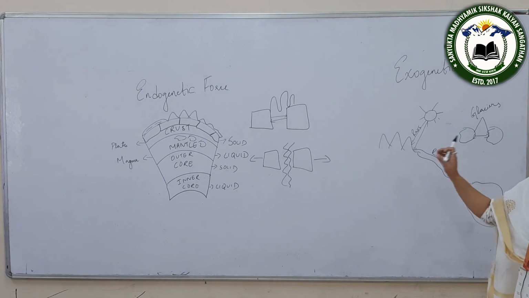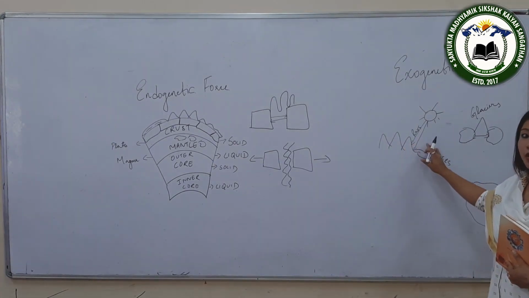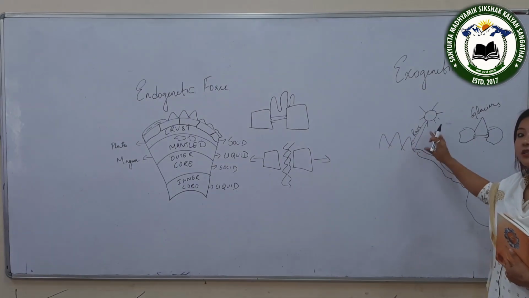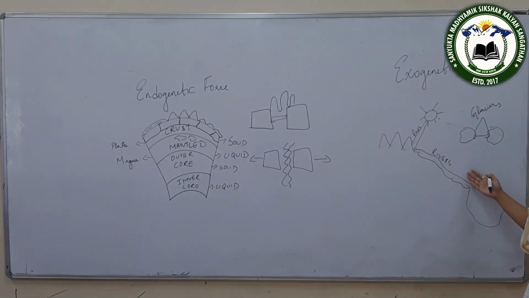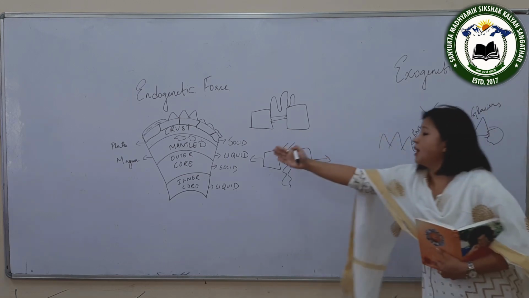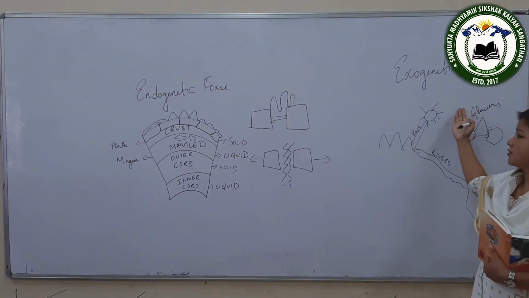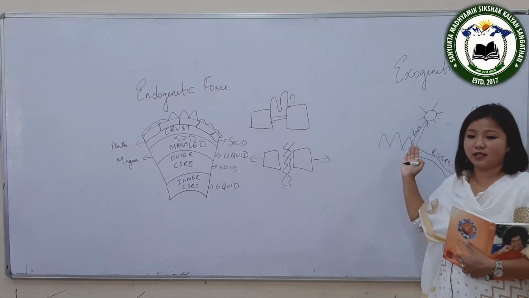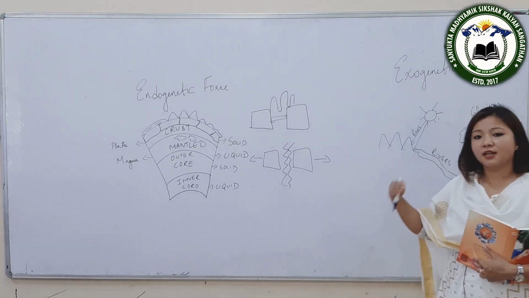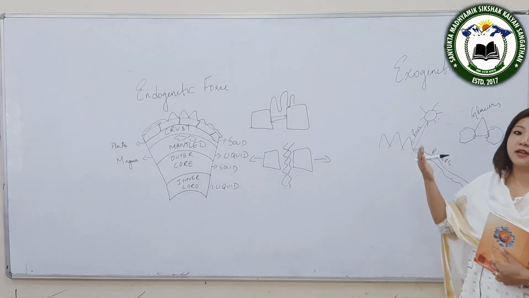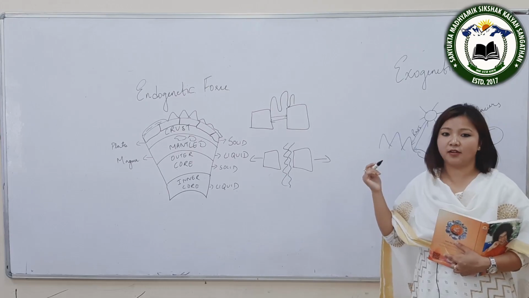Weathering means the disintegration of the rock blocks. When the rock blocks are disintegrated, with the help of erosion the materials are eroded away and deposited somewhere else, creating another sort of landforms. Therefore, the endogenetic and exogenetic forces work simultaneously to create, to destruct, to recreate and to make the structure, form and shape of any landform.